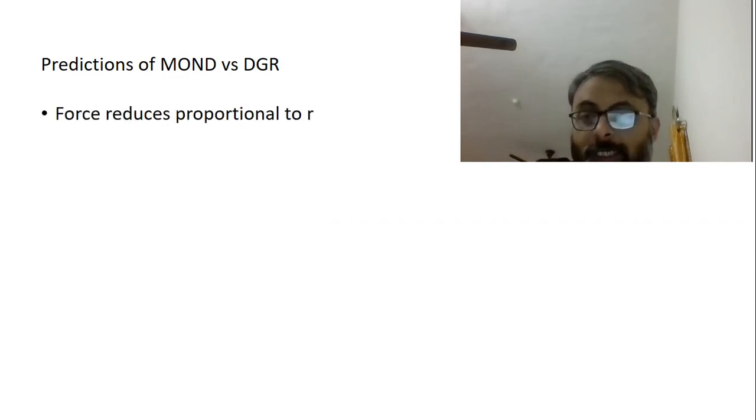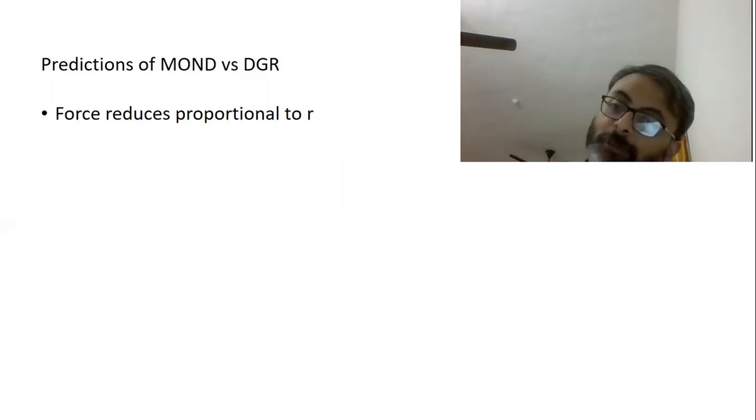So what are the predictions of MOND versus DGR? DGR says that, let's say around the sun, immediately around the sun, there will be EPCA formation, which are curved EPCAs.